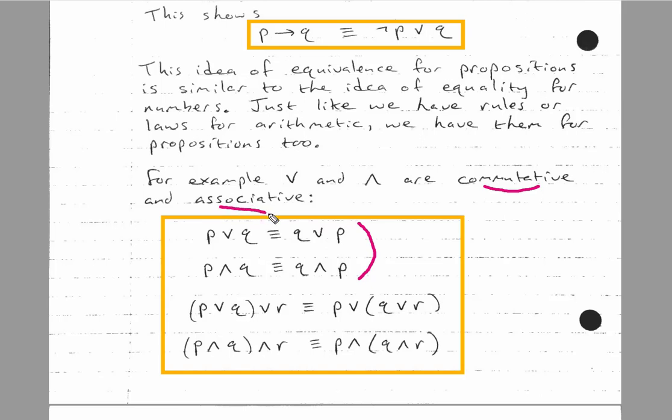Then we have the idea of associativity. We're not switching the order here, we're grouping the operations differently. If you're using the or operation on 3 propositions, it doesn't matter if you or the first 2 first, then the third, or if you or the second and third first and then the first. You'll get the same answer.